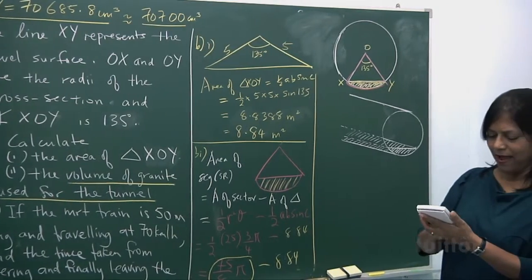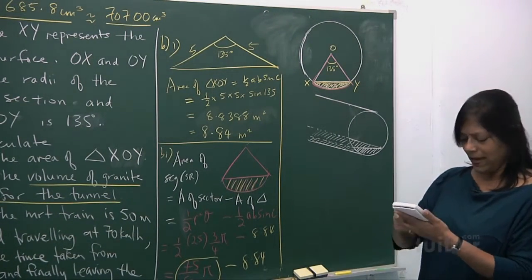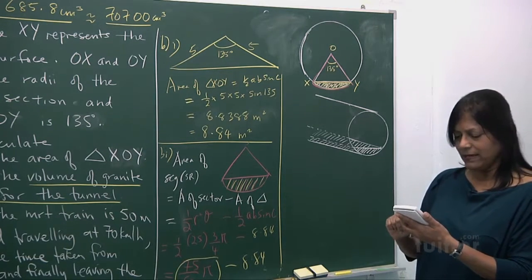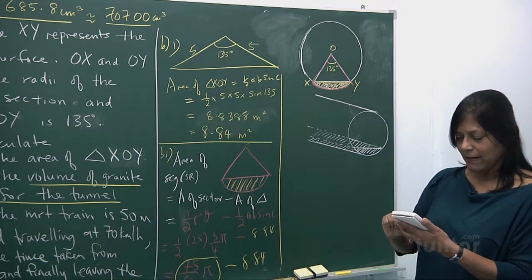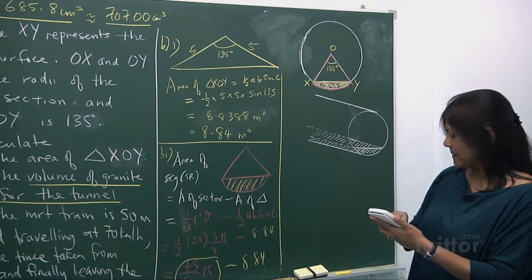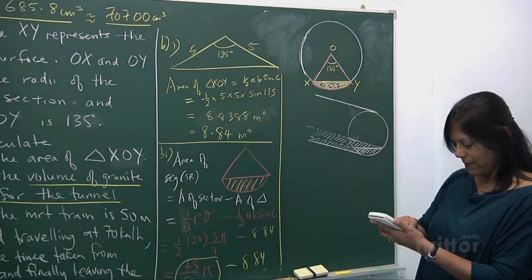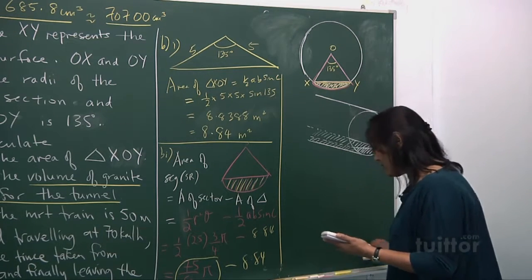Now 75 times pi divided by 8, minus 8.84, and you get 20.612.